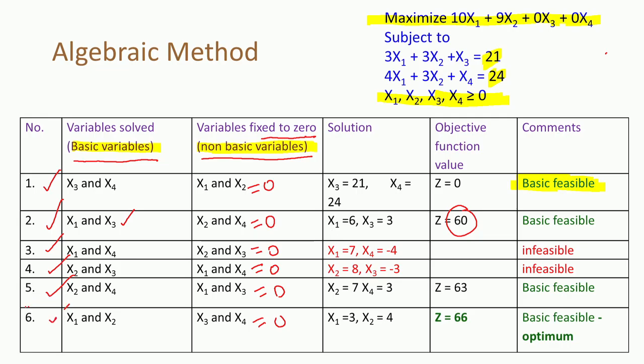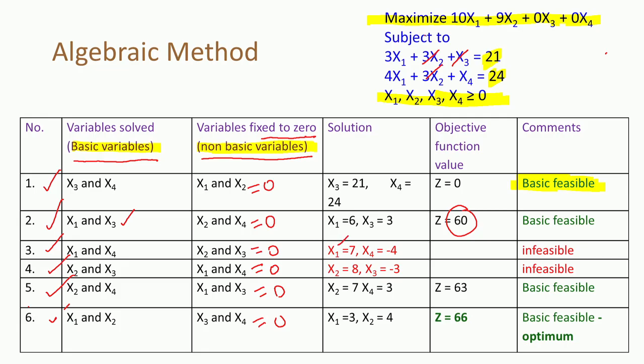In the third solution, we are going to solve for x1 and x4. So when we solve for x1 and x4, we have x2 and x3 equal to 0. From the first equation, we will get 3x1 equal to 21, we get x1 equal to 7.